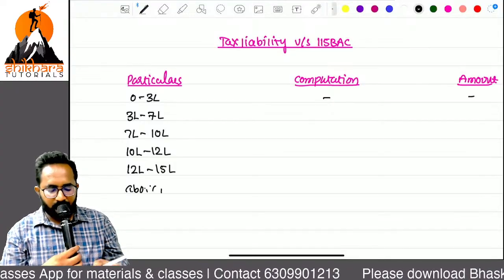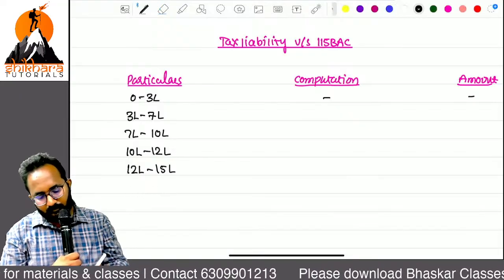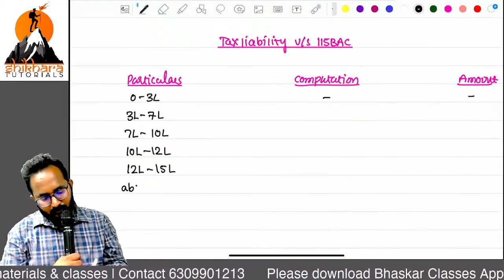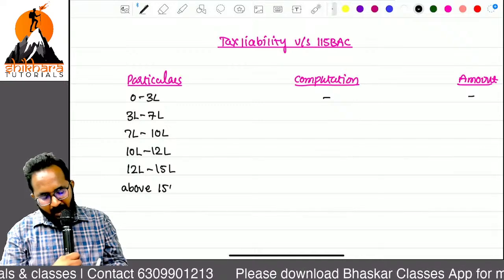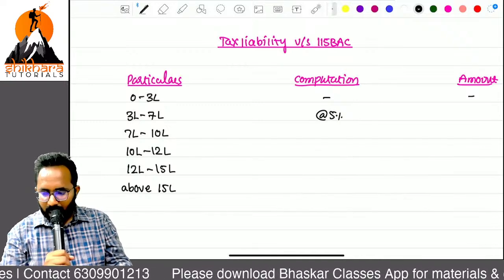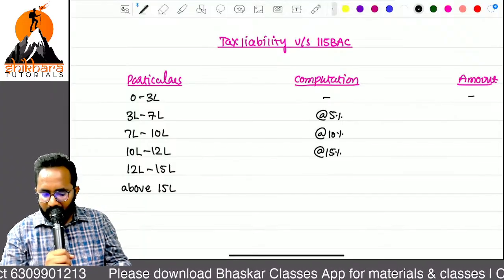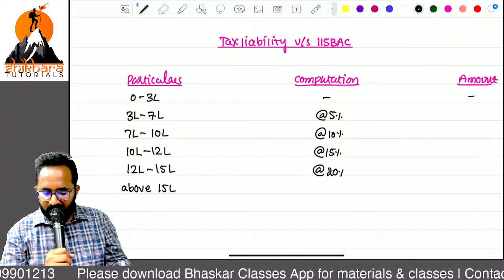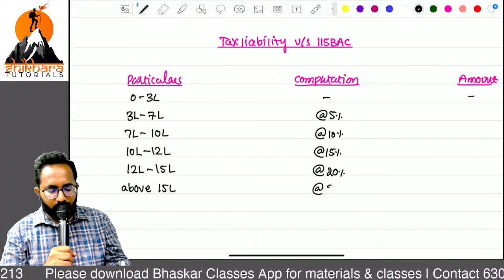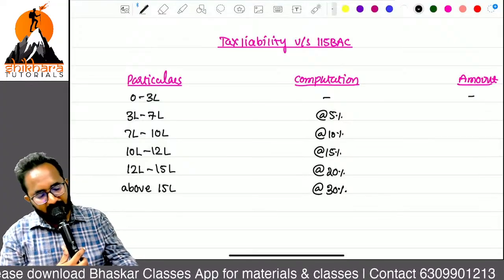The rates are 5%, 10%, 15%, 20%, and 30%. There is no 25% slab.